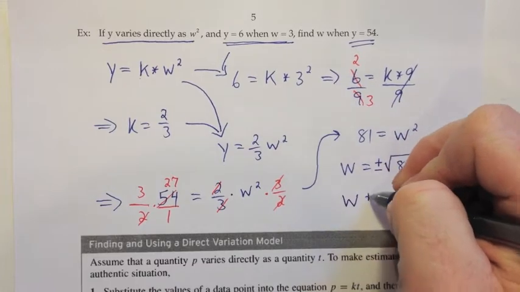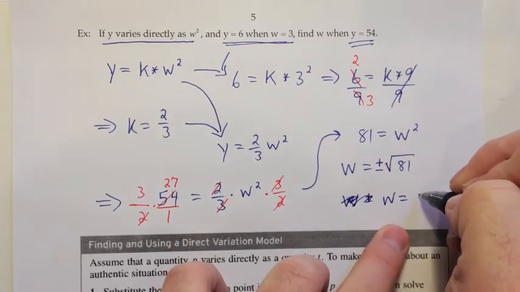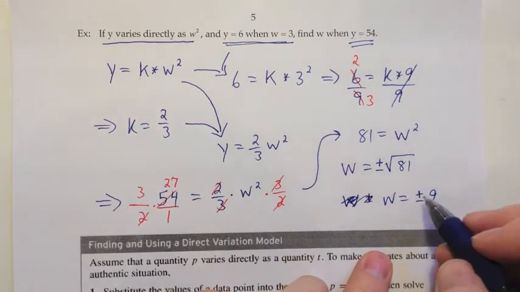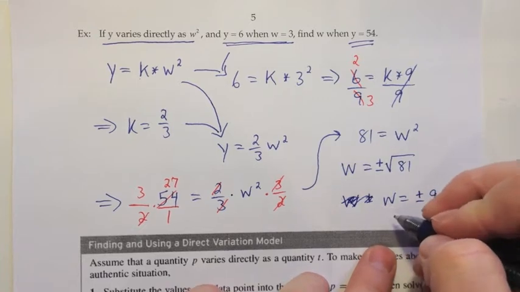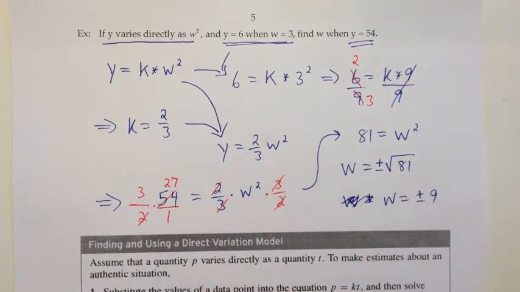So w could be equal to either positive or negative 9. And remember, when you do this sort of work on My Math Lab, you would enter the answer as positive 9 comma negative 9. But they are going to expect both the positive and the negative answer there from you.